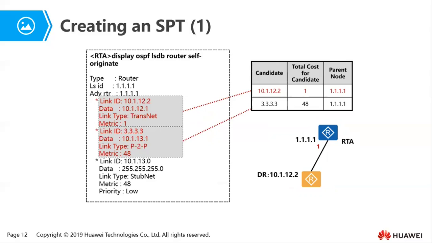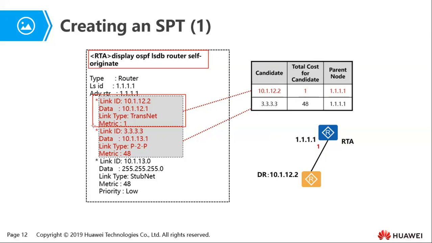Okay. So the first thing it will do is to check its router LSA. For example, in RTA, if we type display OSPF LSDB router self-originate, we can see details about other devices that this router has been connected to.